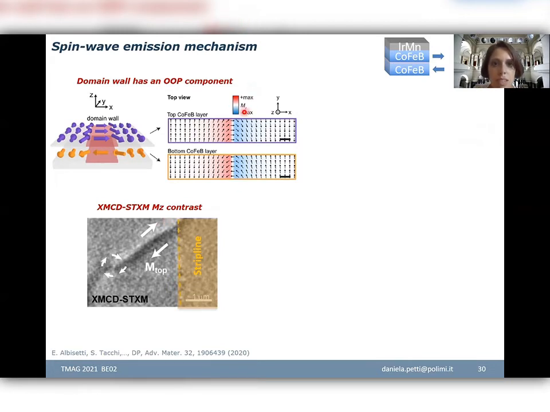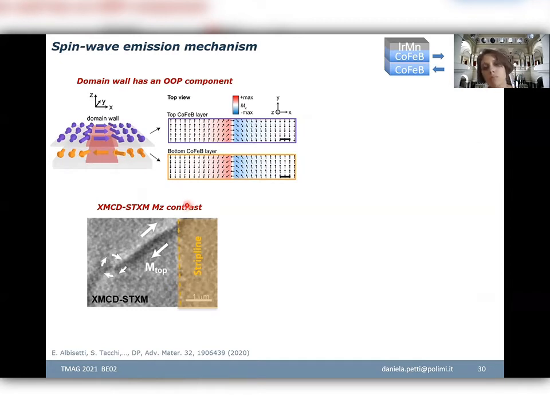In particular, here in the simulation, the color code is related to the Z component of the magnetization within the domain wall. And you can see that a non-negligible out-of-plane component of the magnetization is present at the two sides of the domain wall that has been patterned.